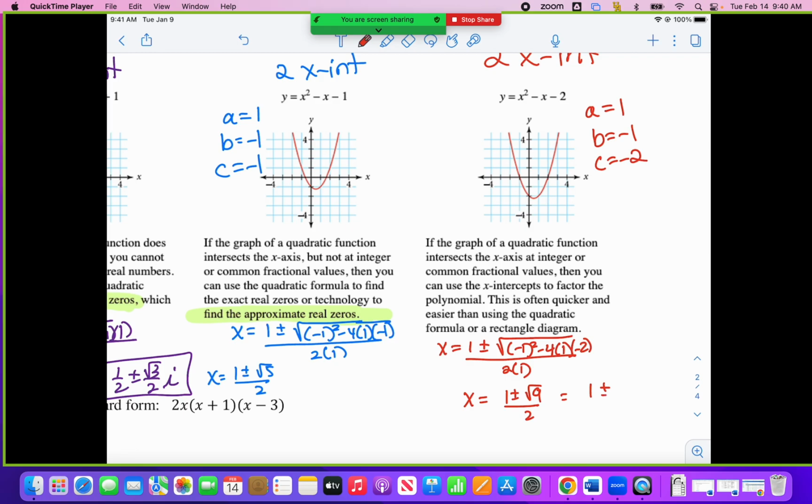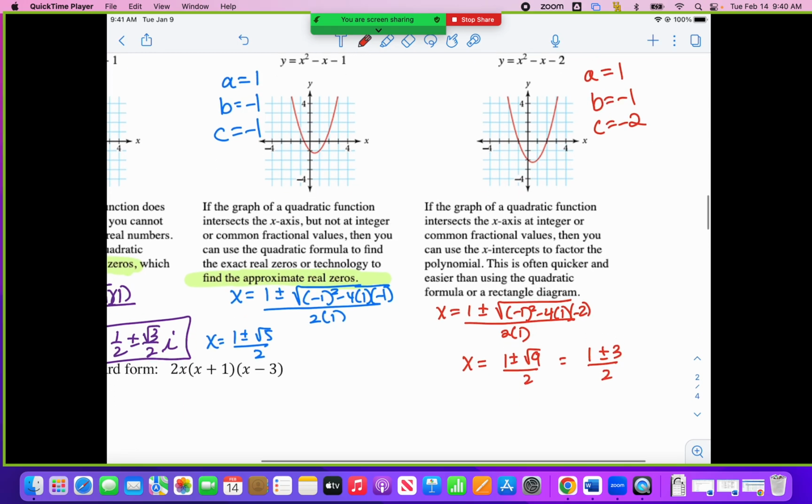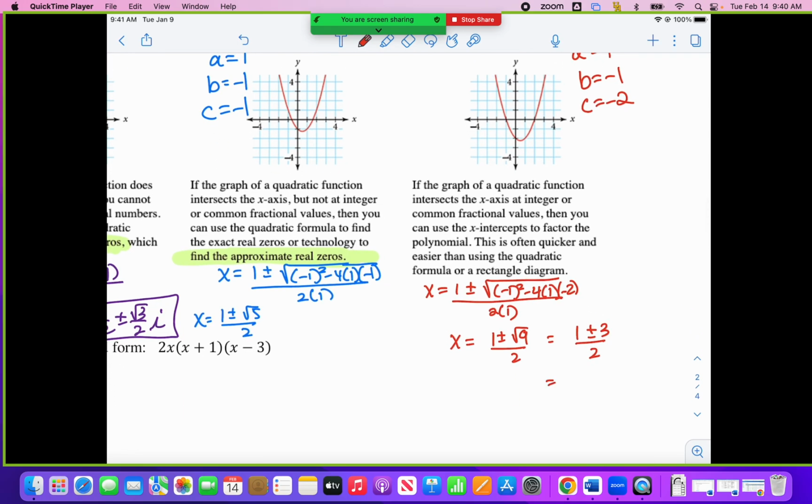So that's 1 plus or minus 3 over 2. We can actually figure out those answers. 1 plus 3 is 4. 4 divided by 2 is 2. 1 minus 3 is negative 2. Negative 2 over 2 is negative 1.